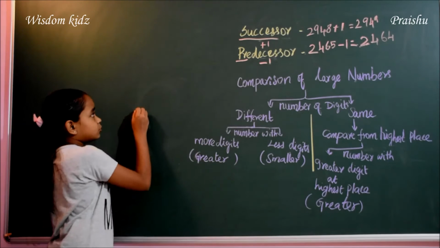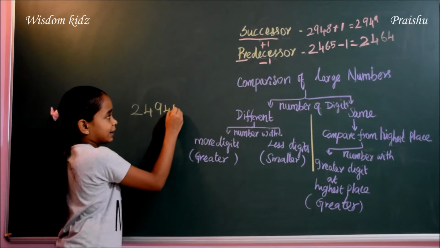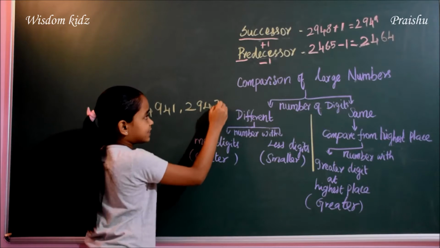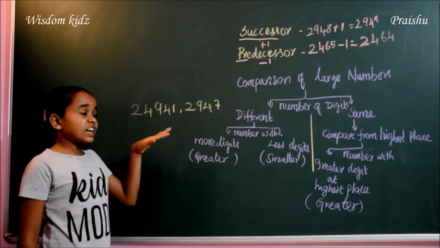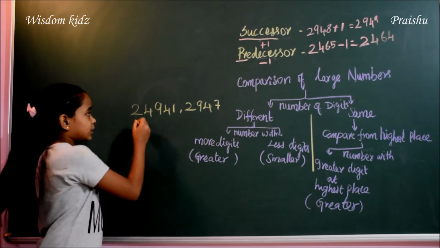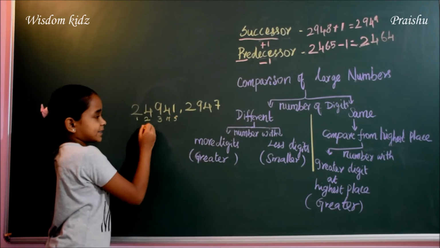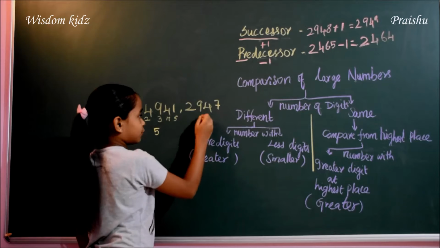See, I write 2 numbers, 29541 and another number 2947. I write these 2 numbers. First, check the digits in these numbers. Here 1, 2, 3, 4, 5. 5 digits here. In this, 1, 2, 3, 4.